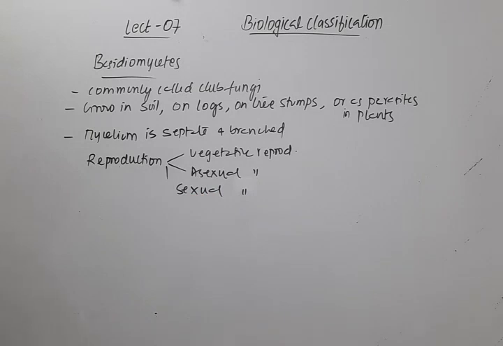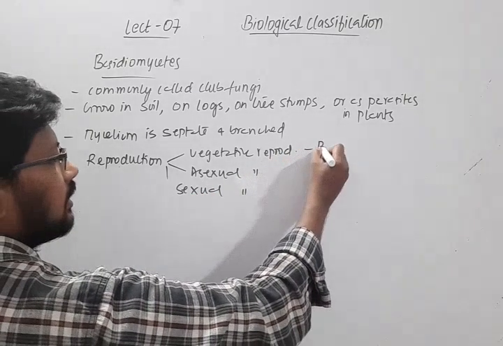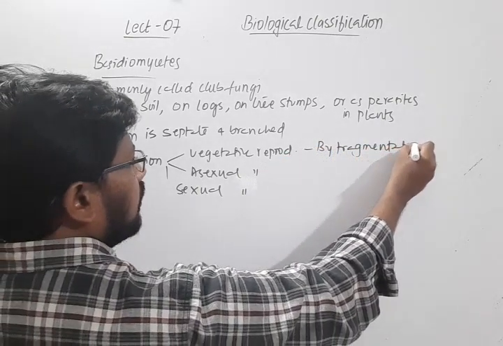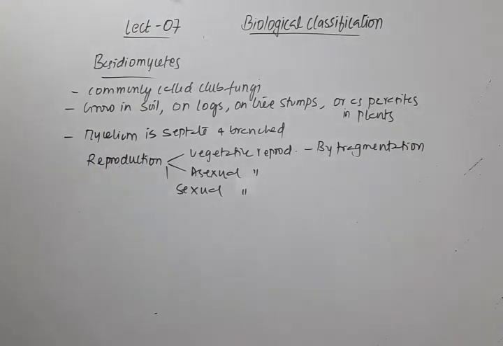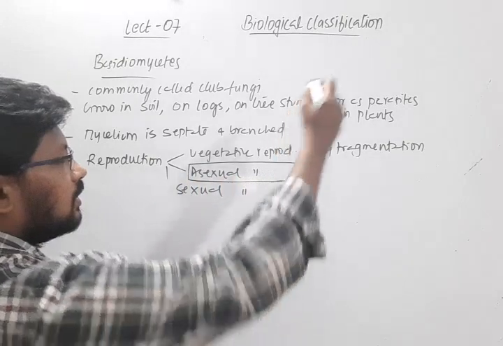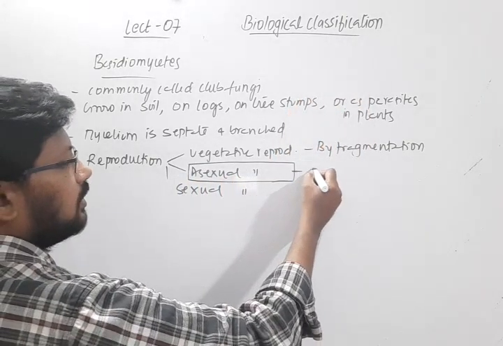So coming to the vegetative mode of reproduction, this will usually be by fragmentation. And coming to asexual reproduction, usually we don't see asexual spore formation.